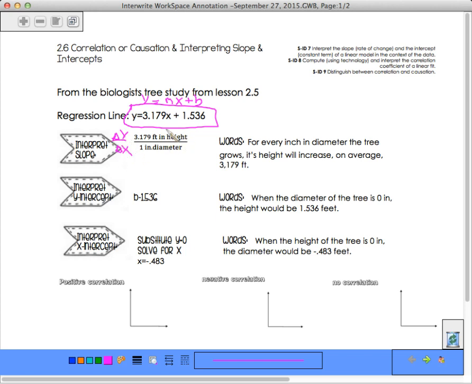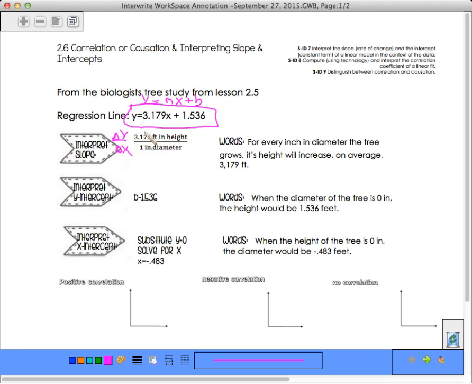The y value, if you look back at your table or your graph, represented the height in feet. So we're going to write feet and height up here. The change in x represented the diameter in inches. So we can say for every 1 inch in diameter the tree grows, its height increases an average of 3.179 feet.